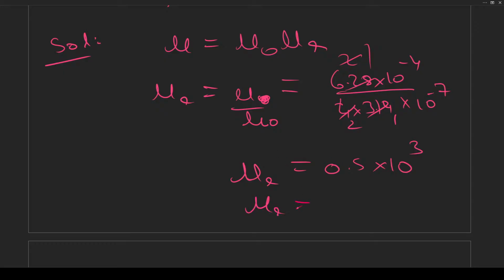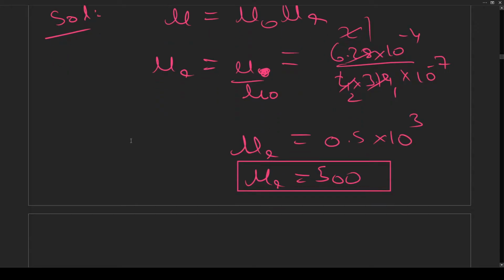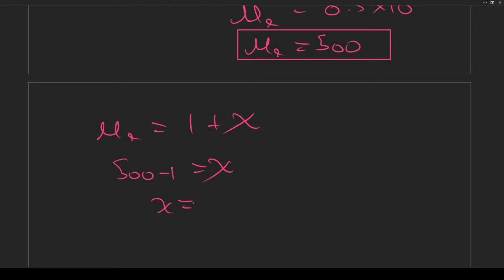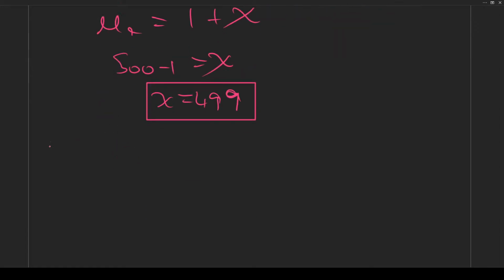Mu r, the relative permeability, is unitless. Now mu r equals 1 plus chi, so 500 minus 1 equals chi, which is 499. It's a very strong susceptible substance, whatever the substance is. Now let's go to the next question.